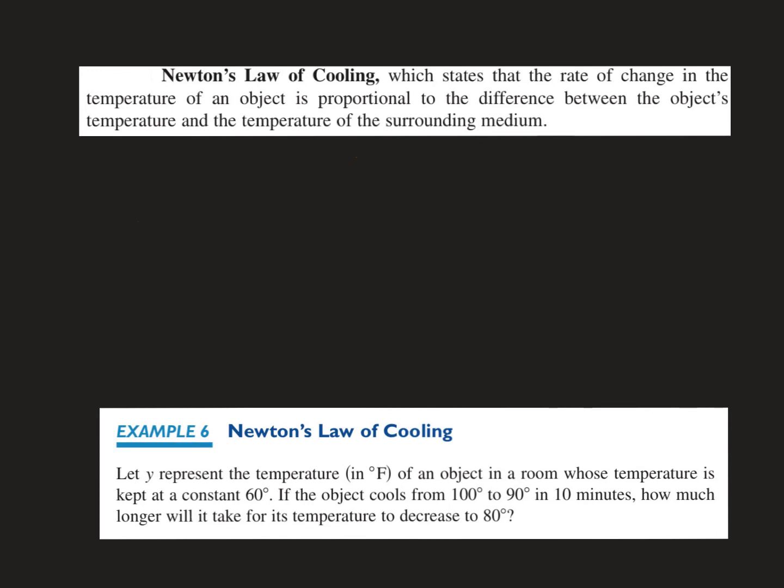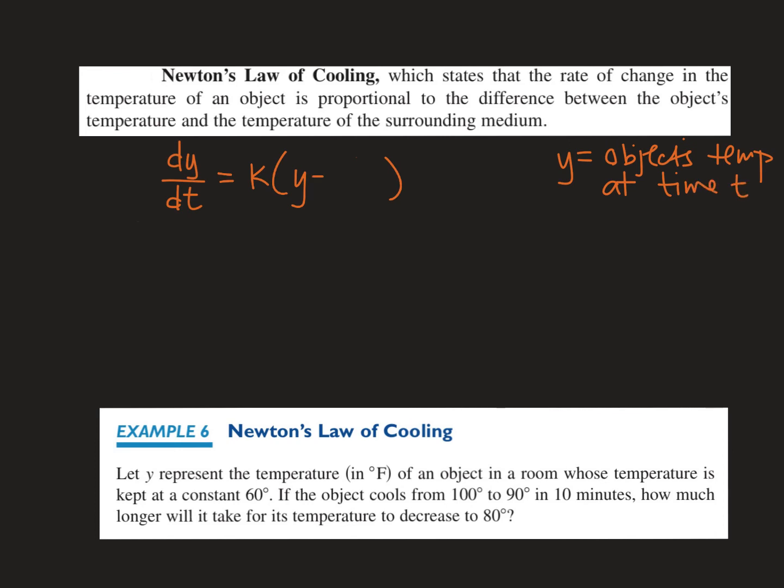Writing that as a differential equation, dy/dt, the rate of change in the temperature of an object, where y is its temperature at any time t, is proportional to the difference between the object's temperature and the temperature of the surrounding medium. Normally that's just room temperature.